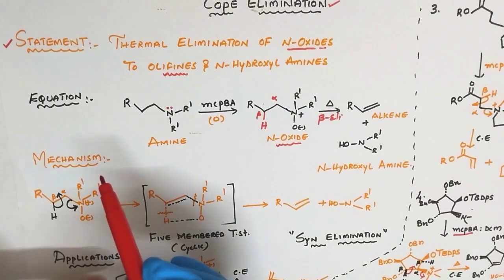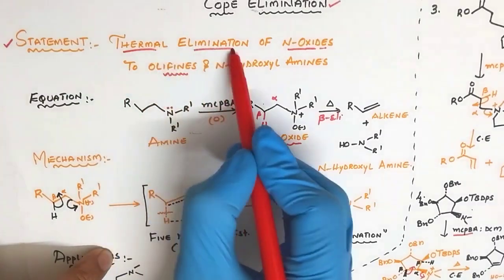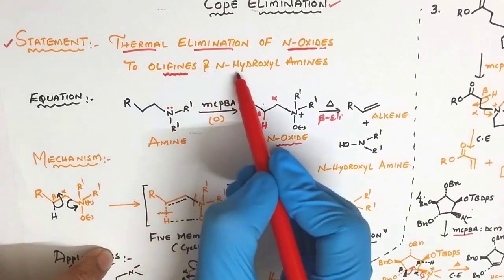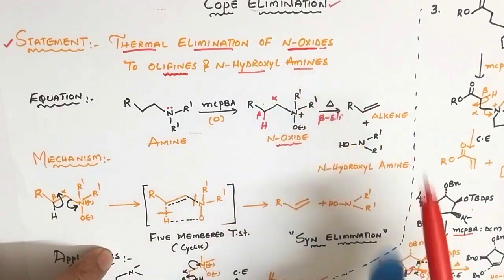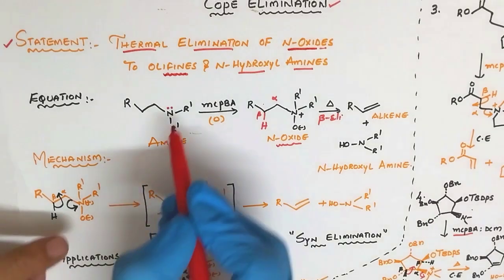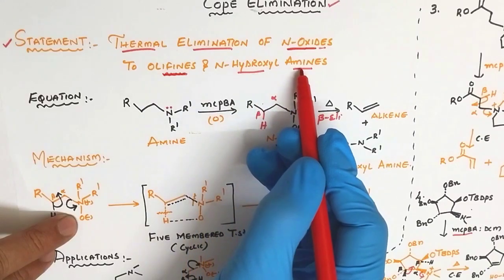Okay, let's see the statement of Cope elimination. Thermal elimination of N oxides to olefins and N hydroxyl amines. So here the reactants are N oxides. The products are olefins and N hydroxyl amines.